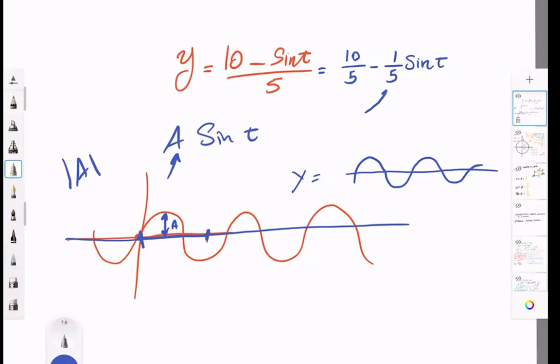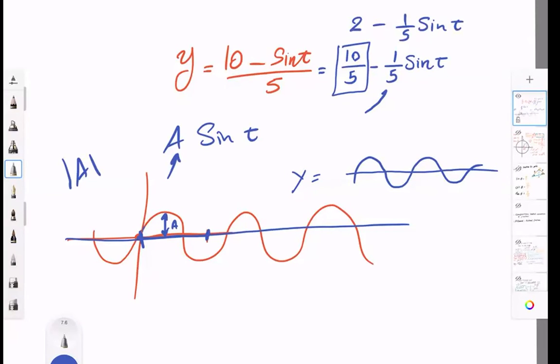Correct? And 10 over 5 is 2, so it's 2 minus 1/5 of sine of t.